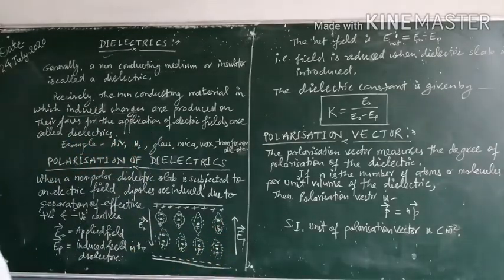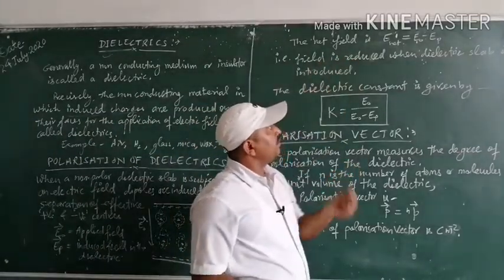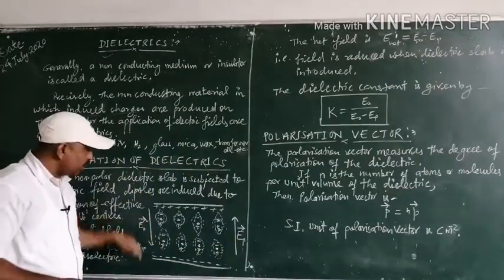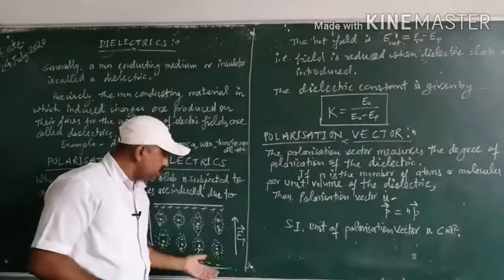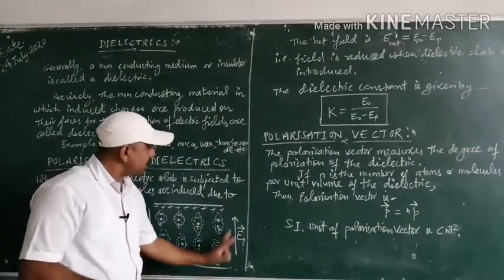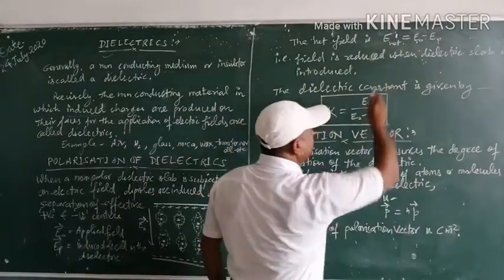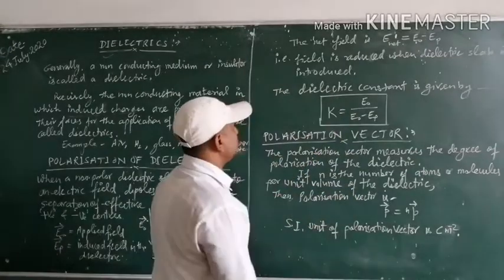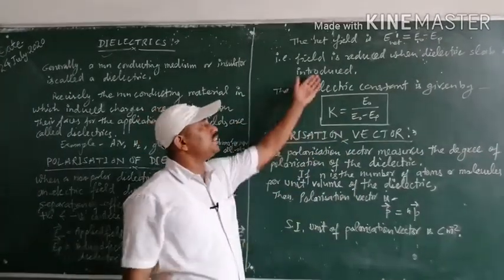Now the net field E net can be defined as follows: we know the direction of the applied field is downward and the field produced due to the polarization is upward. So the net field can be expressed as E0, the applied field, minus EP, the induced field. So the field is reduced when the dielectric slab is introduced.